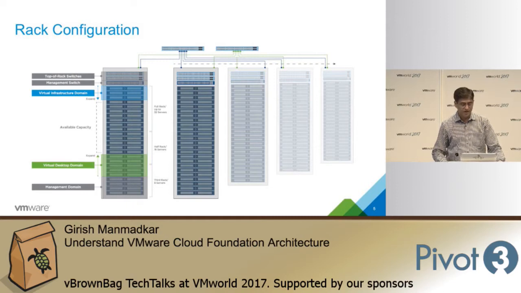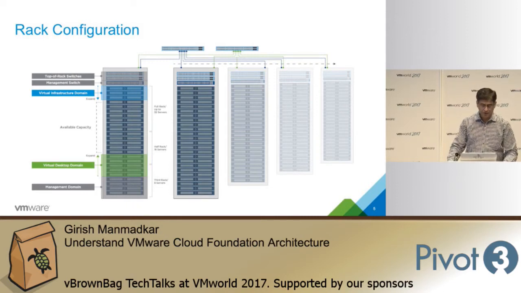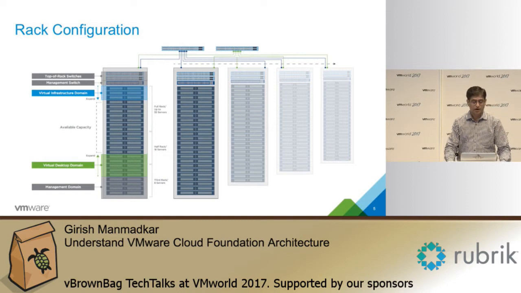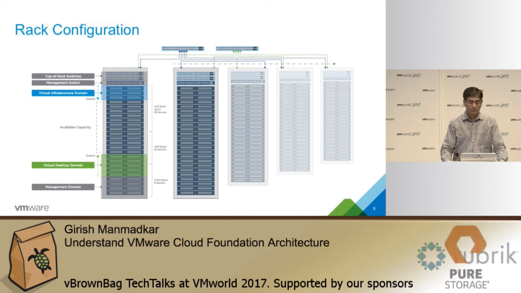So in short, I have a rack configuration in front of you. Starting with rack number 1, at the bottom you can see the management domain, which is my management cluster that I bring up as a part of my VMware Cloud Foundation initial bring up process. On top of that, I can start consuming vSAN ready nodes, one after another, by carving out my various domains.